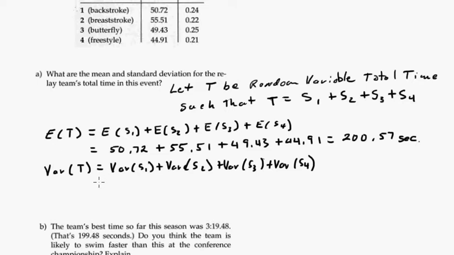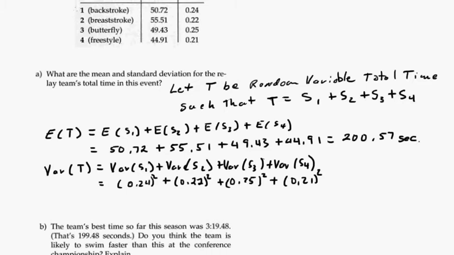The variance is the standard deviation squared. So that's going to be 0.24 squared plus 0.22 squared plus 0.25 squared plus 0.21 squared.